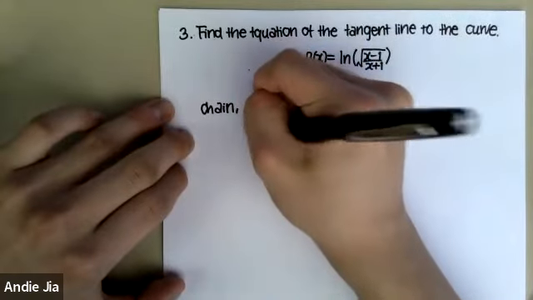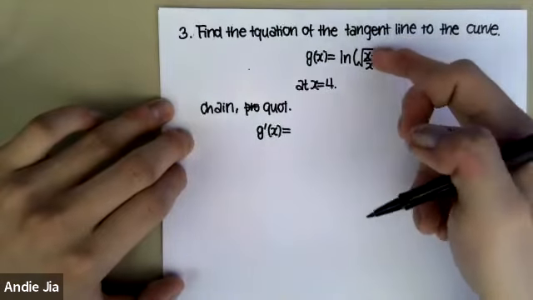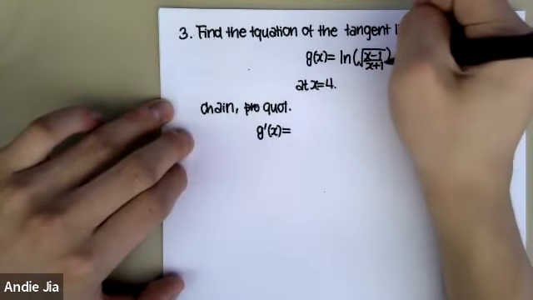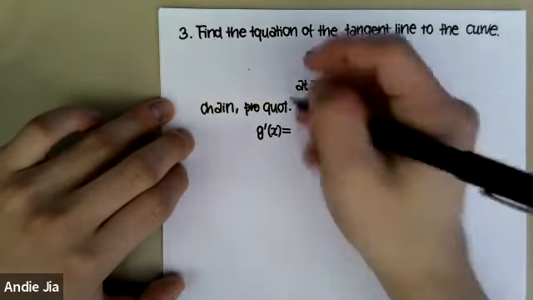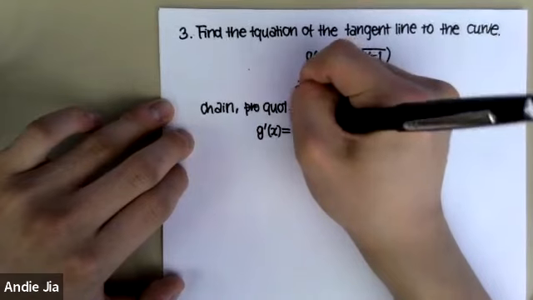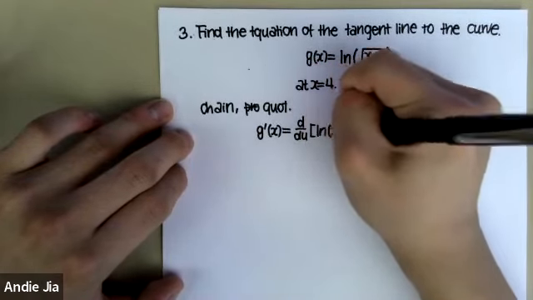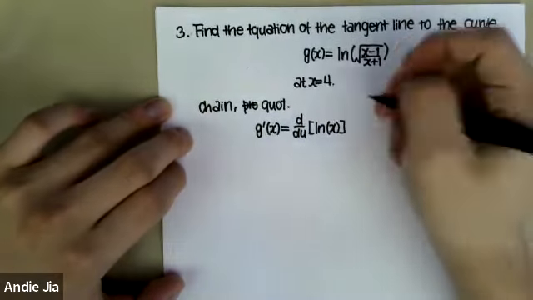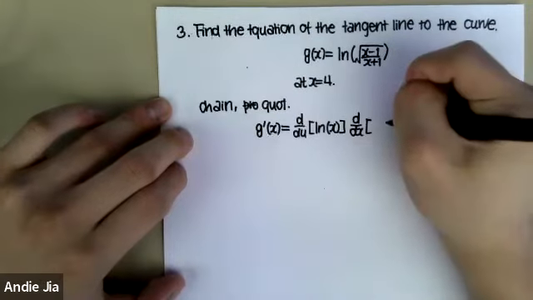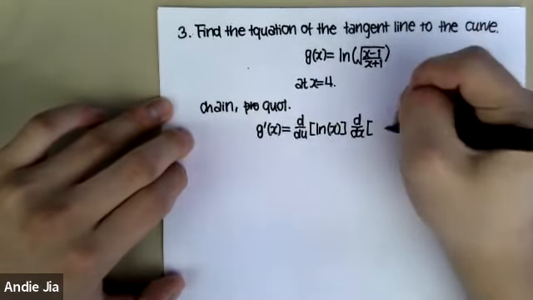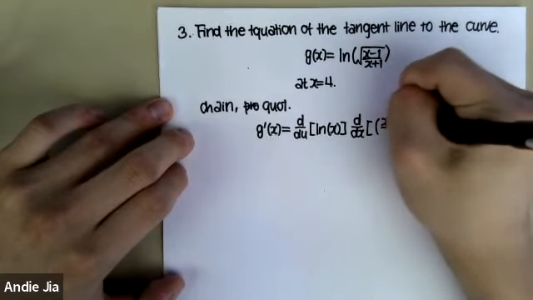So g prime of x is going to be, with u equal to this chunk, we use the quotient rule and the chain rule again. So it's going to be d/du of natural log of u, and then d/dx of this chunk.